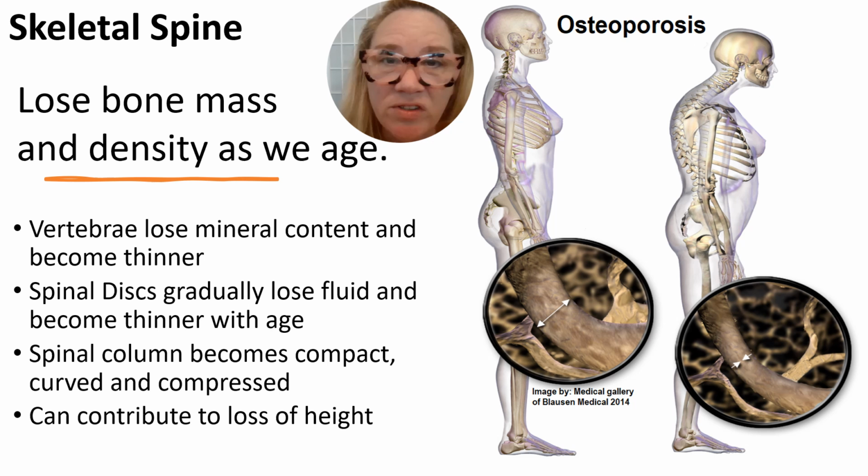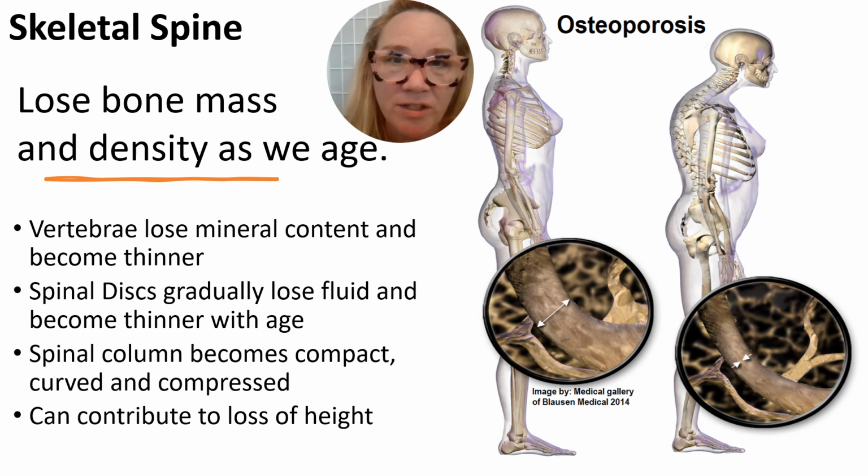The skeletal spine is also affected with bone mass loss as we age. The vertebrae, as they lose their mineral content, can become thinner. And remember, the body leaches minerals from our bones to provide them for the body, as we can no longer get these minerals from our diet, even if our diet is good.